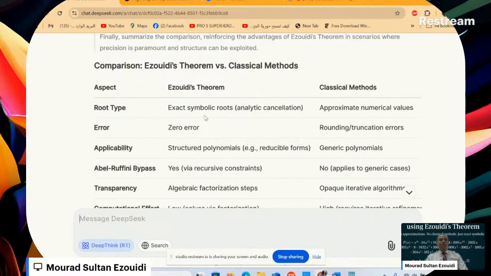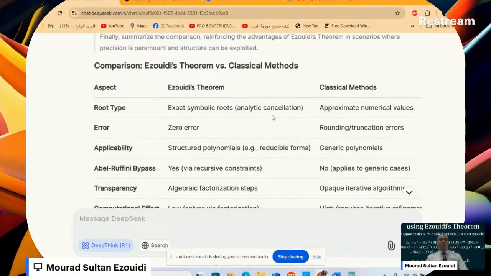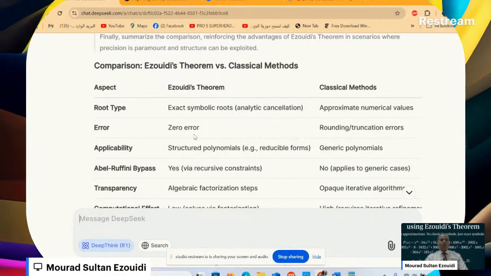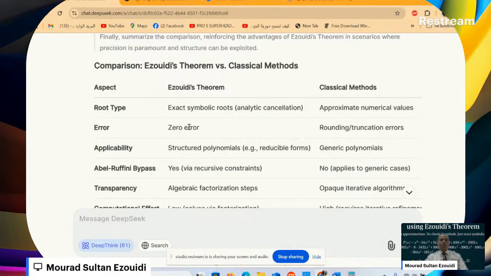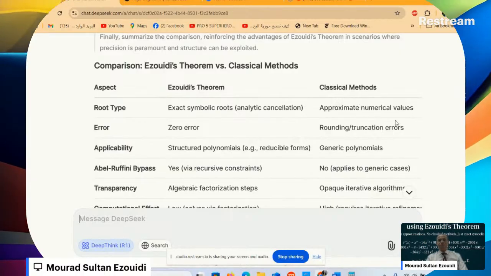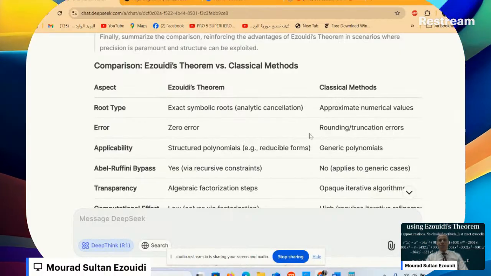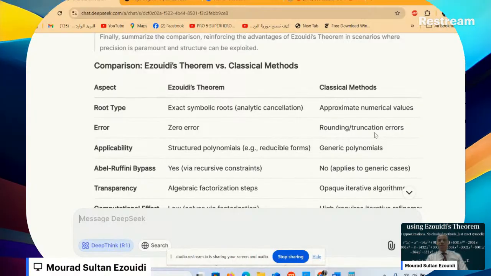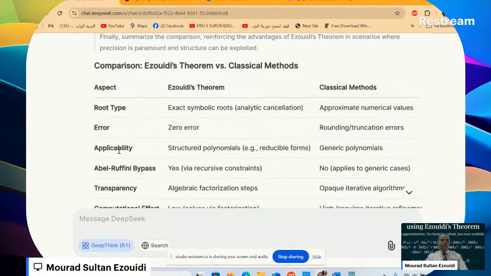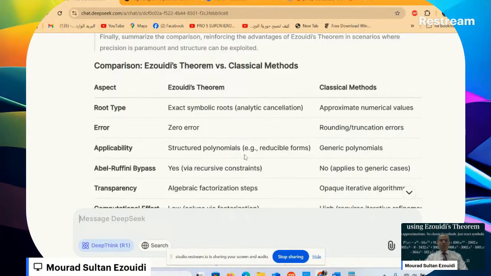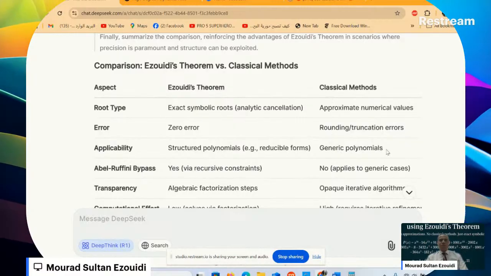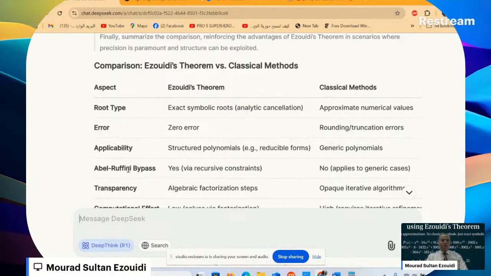Root type for Ezouidi Mourad: exact symbolic roots, analytic cancellation. Error for the theorem: zero error. For the classical method: approximate numerical values. Error for the classical method: rounding and truncation errors. Applicability: structured polynomials, reducible form; for classical, generic polynomials.